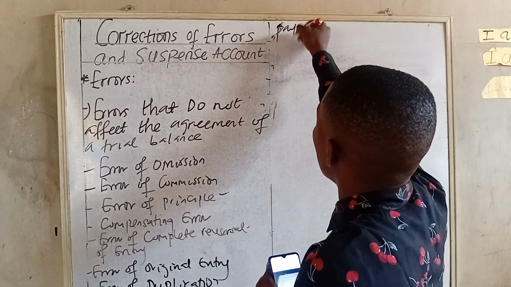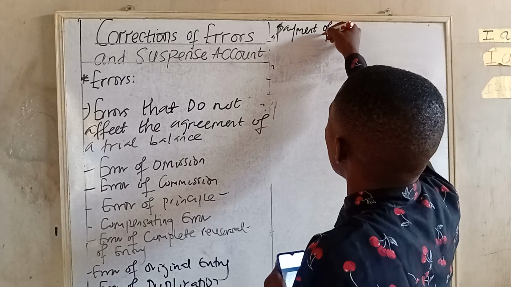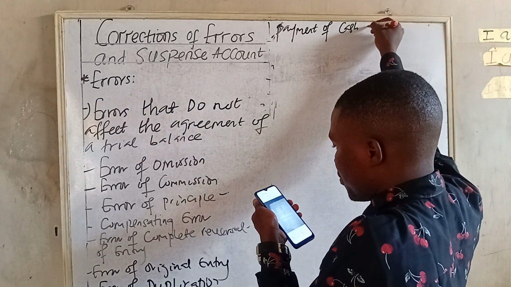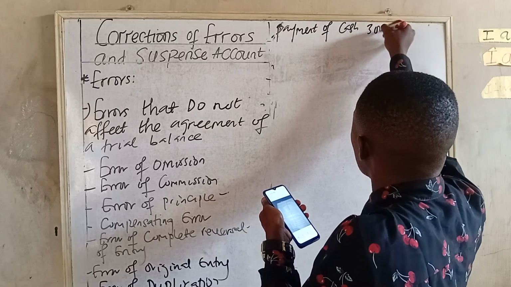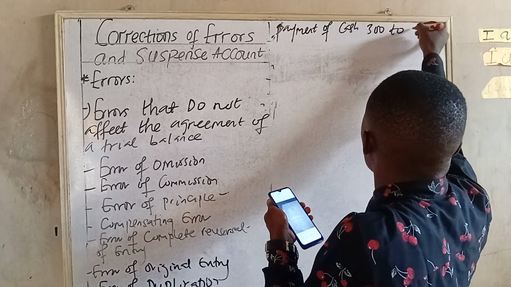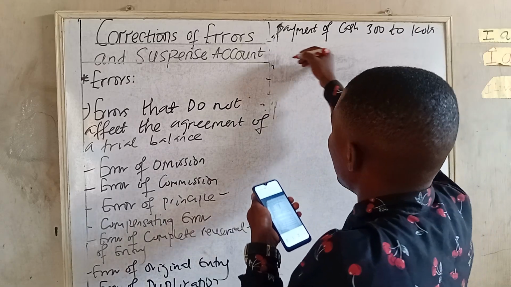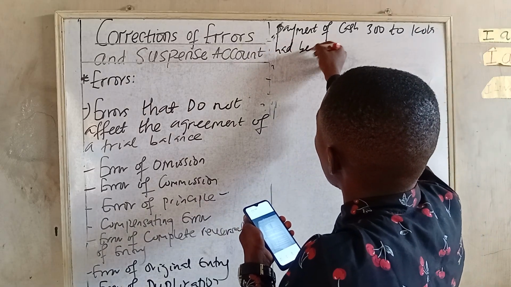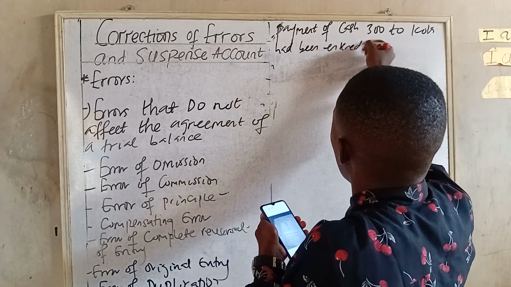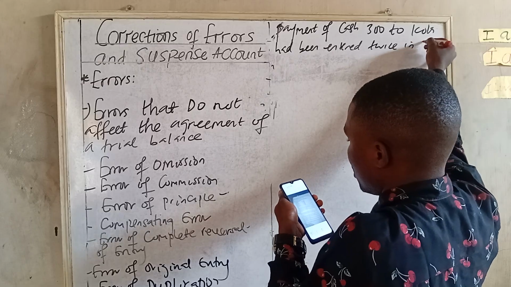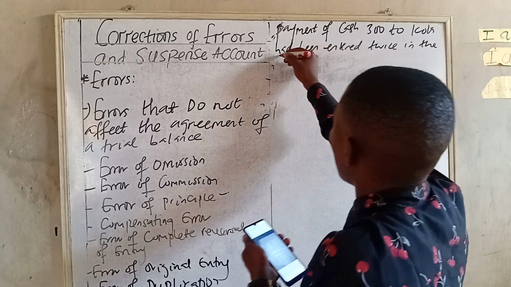Let's say the transaction here is payment of cash of 300 to Caller, which had been entered twice in the two accounts.